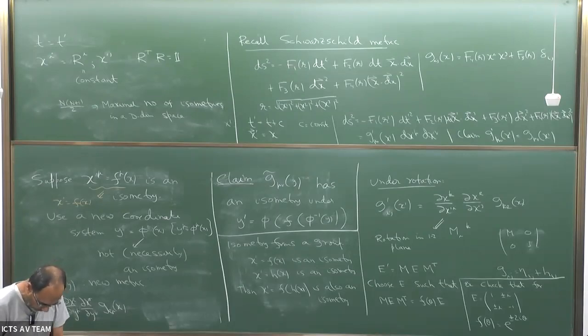Now let me say something about infinitesimal isometries. Again, this is something that we had encountered earlier, but perhaps I didn't say it in the language that we are using now.